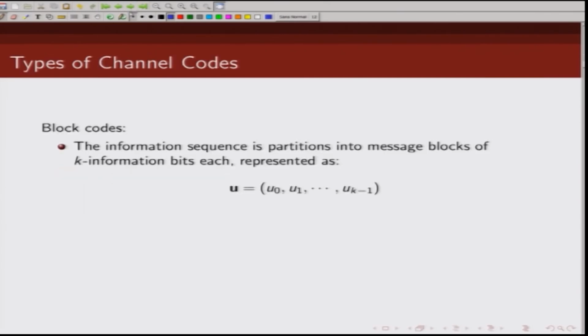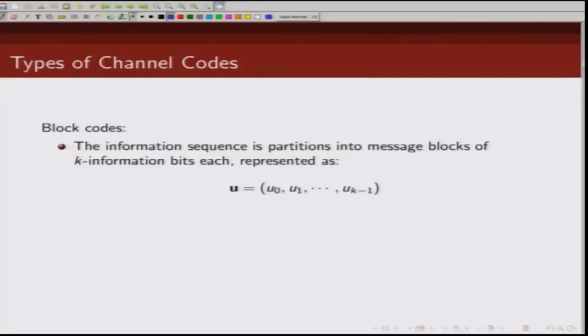So, we will start with block codes. As the name suggests, in block codes we take a block of k bits and map it to an n bit code word. Our information sequence is parsed into blocks of k bits, and we take this block of k bits and map it to a block of n bits.